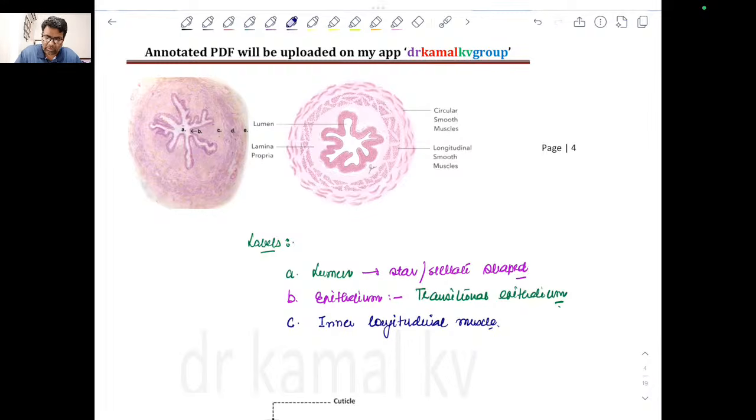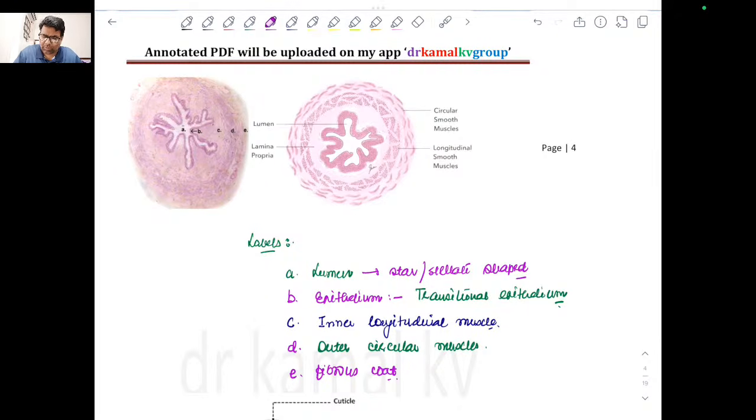Okay, so these are the inner longitudinal muscles, and then after longitudinal there has to be circular muscles in ureter. So D is the outer circular muscle, and lastly is the fibrous coat.